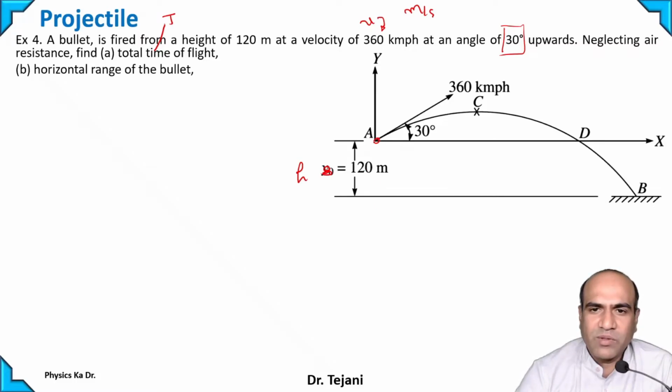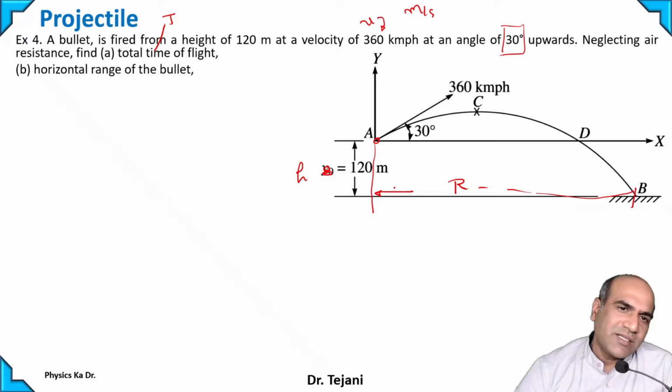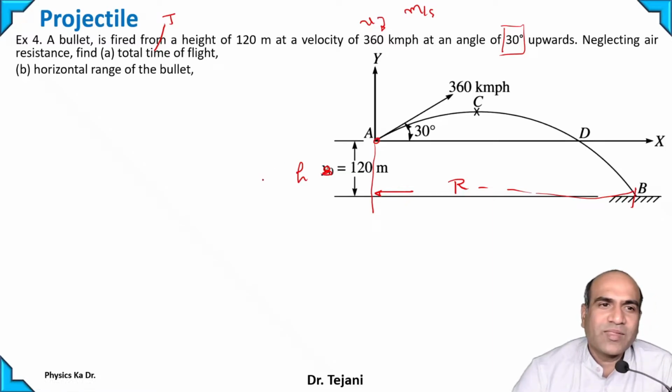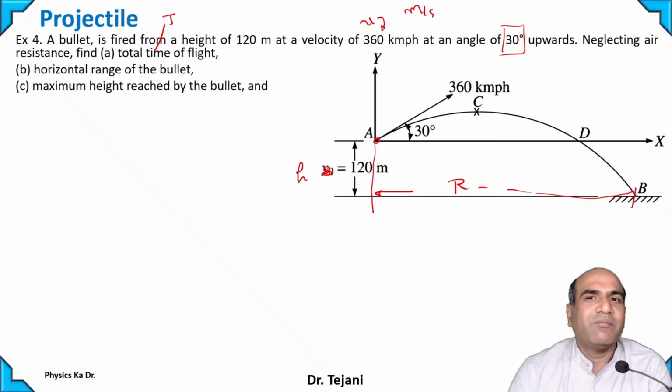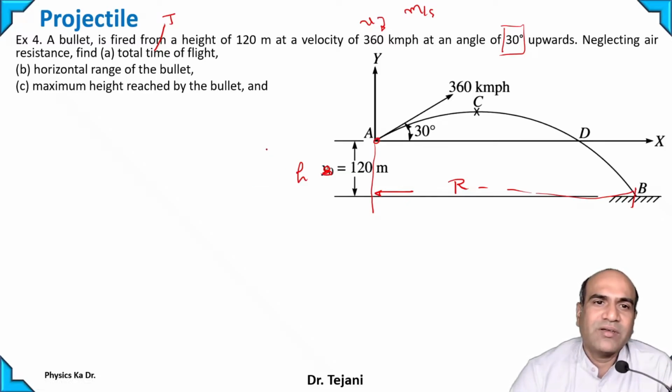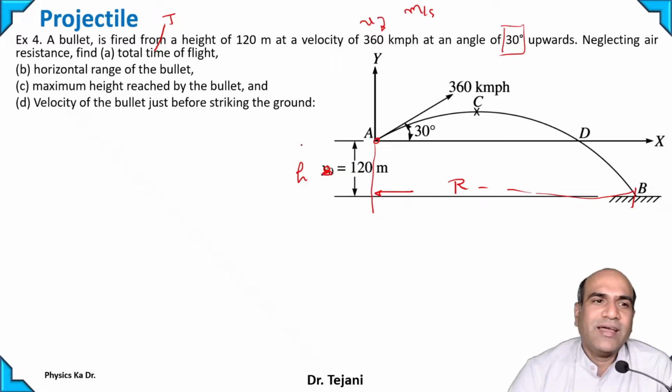That means from point A to B in the horizontal direction. C is the maximum height reached by the bullet, and the velocity of the bullet just striking the ground.